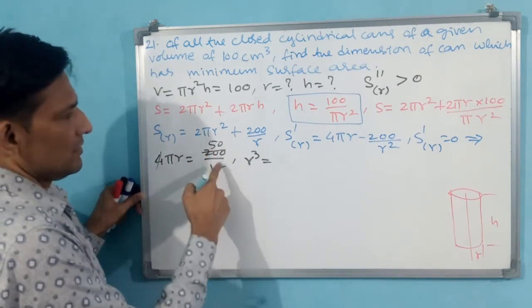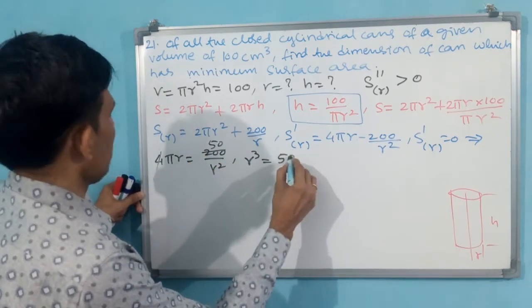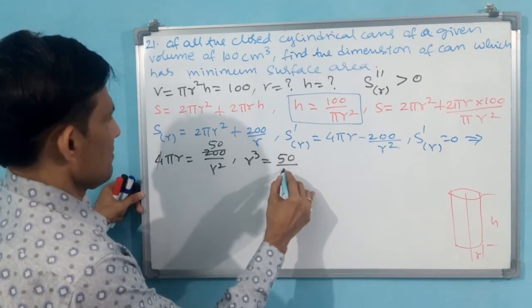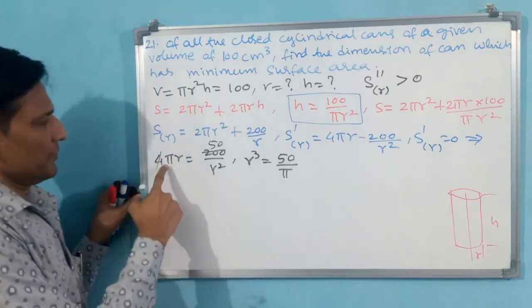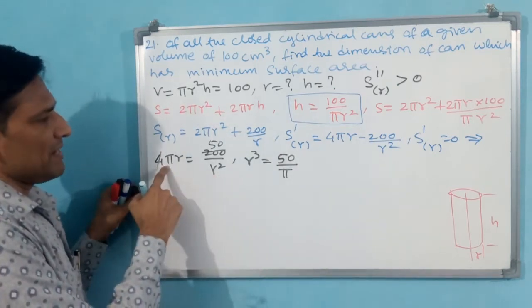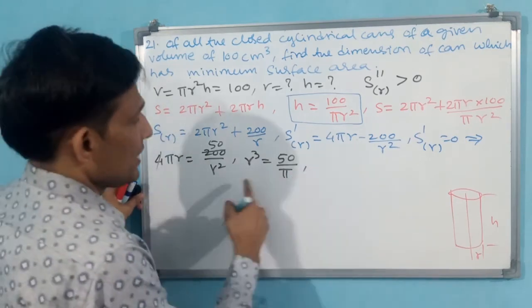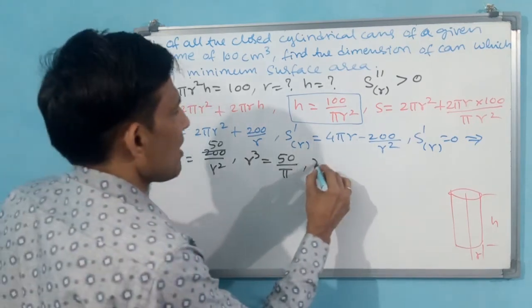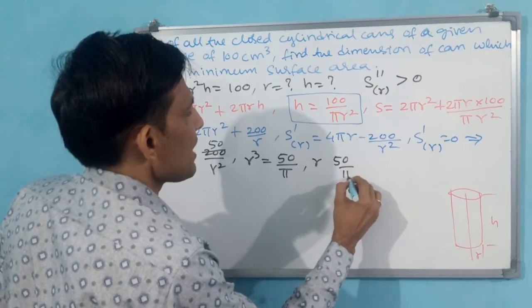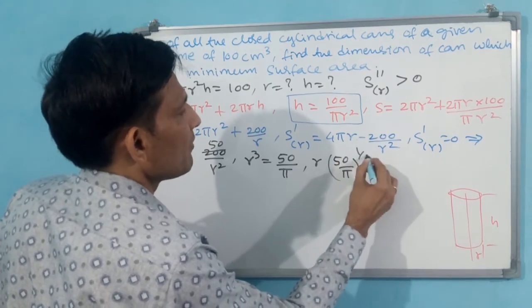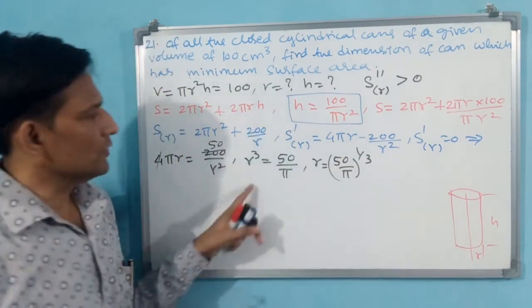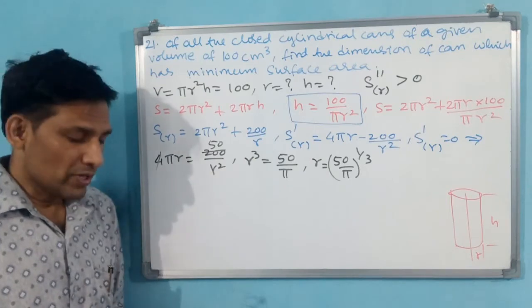Okay, directly shall I write 50 by pi, because r cube only pi will be there, 50 by pi. Okay, see r cube is 50 by pi, r will be 50 by pi whole 1 by 3, cube root. Is it okay?